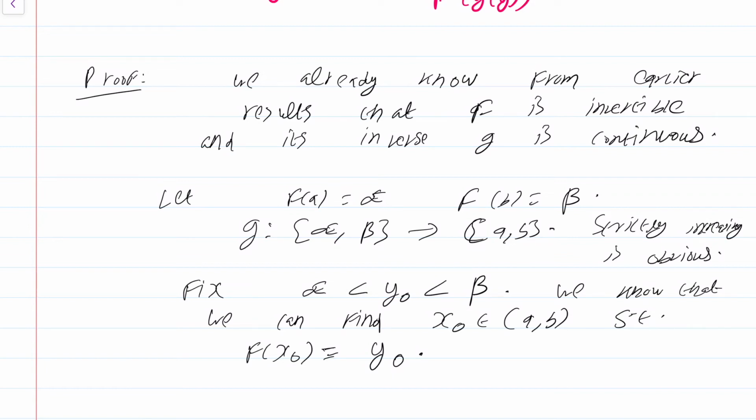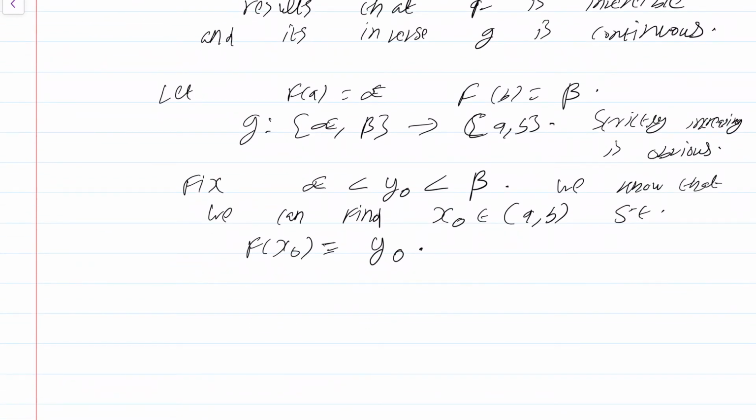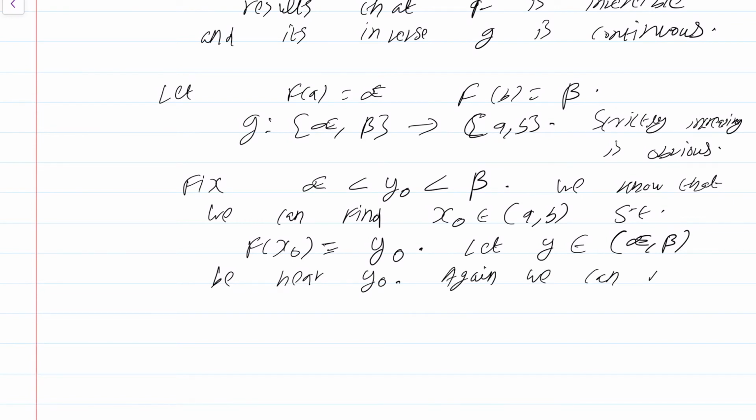Again, check precise references in the notes. So we have f of x naught equal to y naught. Let y in (alpha, beta) be near y naught. Again we can find x in (a, b) with f of x equal to y.